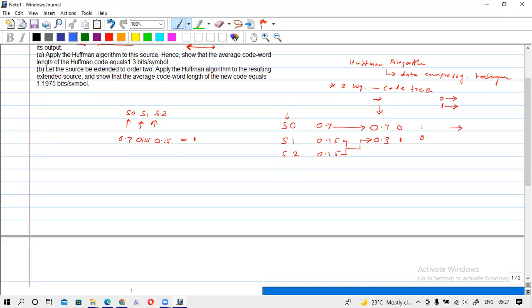Let me tell you another thing. Here you have 3 characters, S0, S1, S2. If you want to assign bits to each character, how many bits do you have to use? Can someone give feedback?